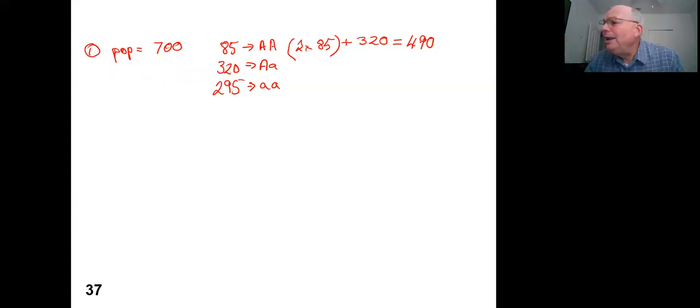Now, for the little a, the homozygous recessive, it's 2 times 295, because we've got to take into account that there are 2 alleles, plus, again, 320, because there are 320 individuals, each with a little a. So 2 times 295, I need a calculator, so let me get my cell phone.